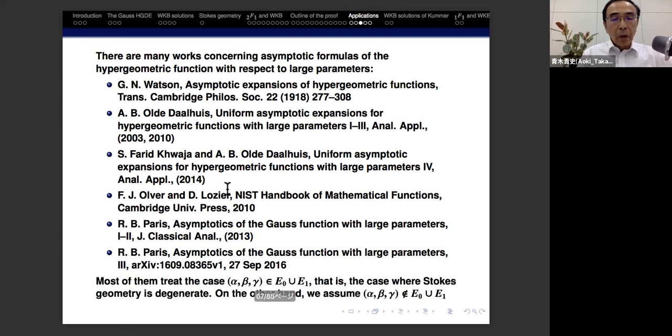Most of these works treat the case where the parameter belongs to our exceptional set. On the other hand, we assume the parameter does not belong to the exceptional set.